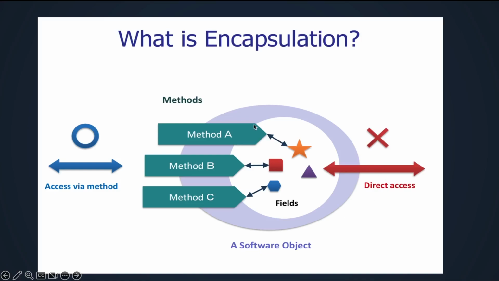In object-oriented programming, fields and methods are encapsulated within the class. Any interaction with this class can happen only via objects. So this is the advantage of object-oriented programming.